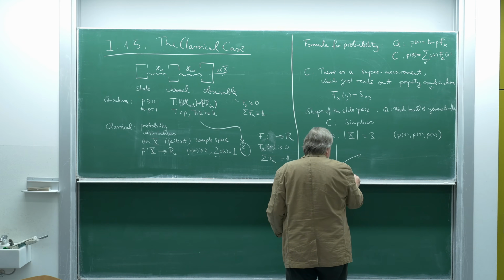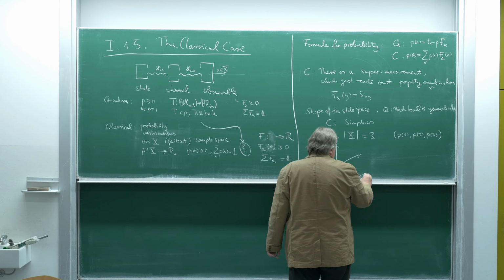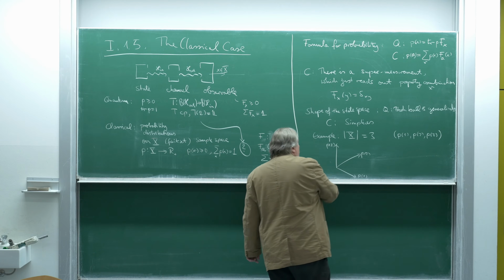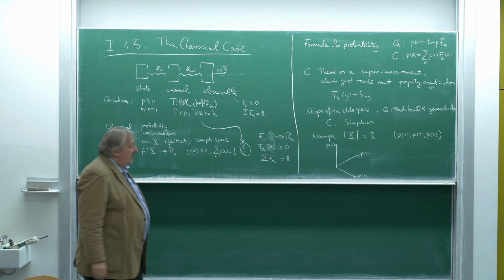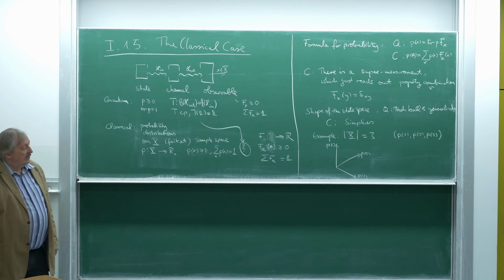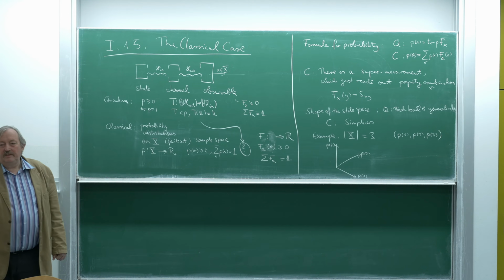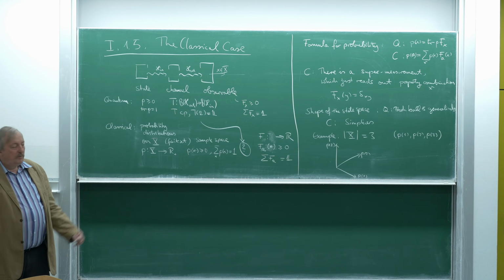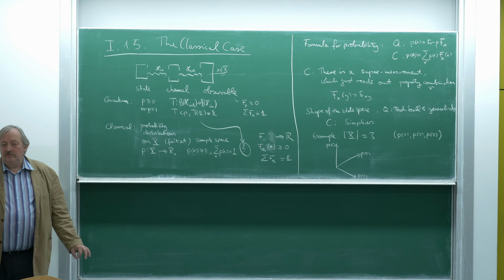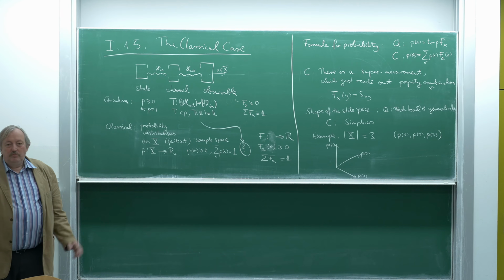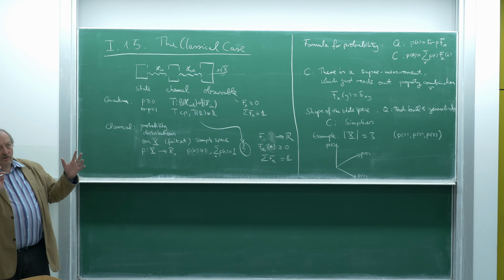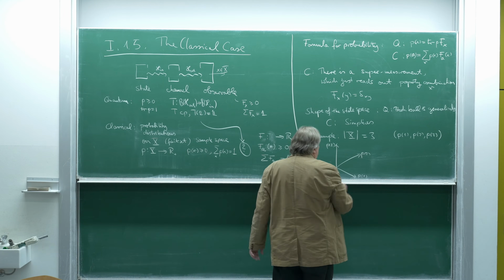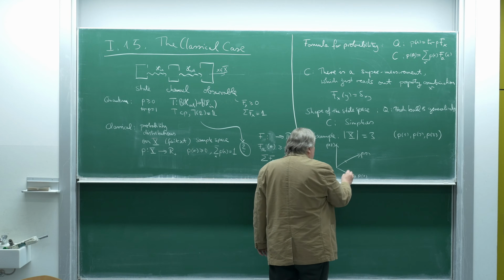These are the axes, rho 1, rho 2, rho 3. Every possible state, every probability distribution on 3 points, will be represented by a point in this three-dimensional diagram. It will be in the positive octant, right? The positive sector here, all the components are positive. And the sum is 1.